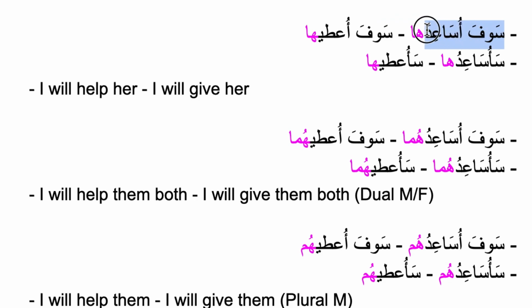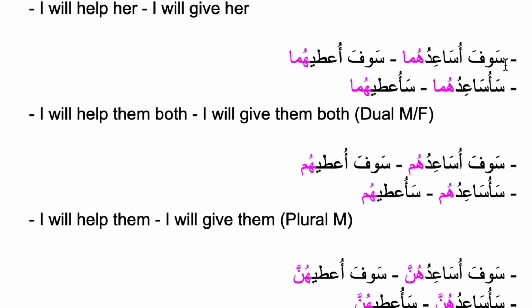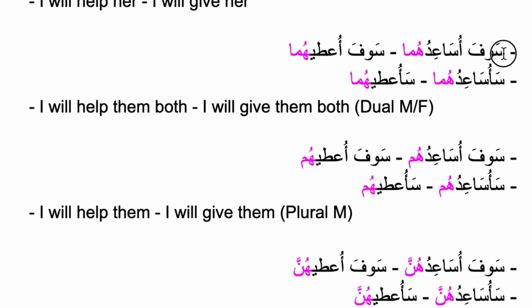Next, سوف أساعد, سوف أساعدها, I will help her. سوف أعطي, سوف أعطيها, I will give her. The second line, سأساعدها, سأعطيها. Next, سوف أساعد, سوف أساعدهما, I will help them both. سوف أعطي, سوف أعطيهما, I will give them both.